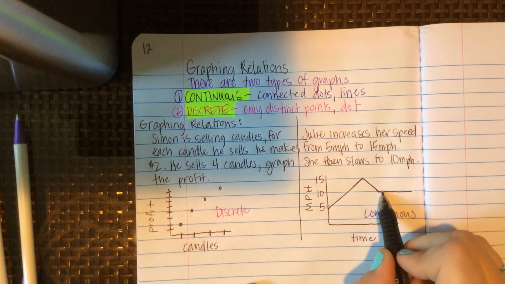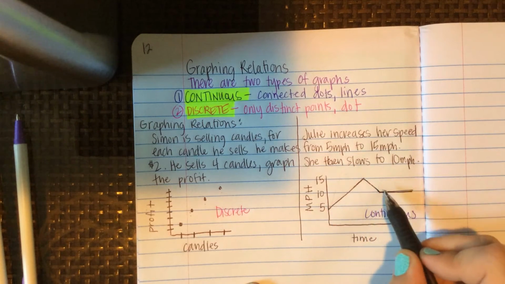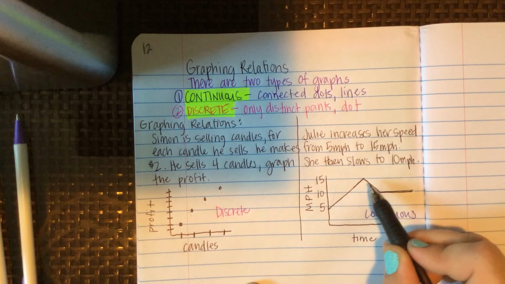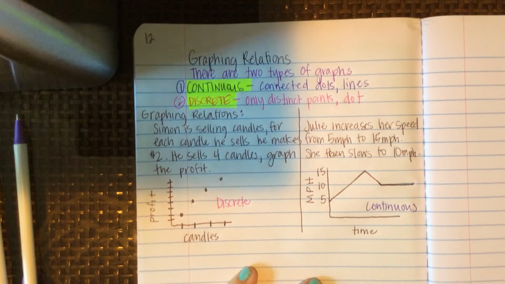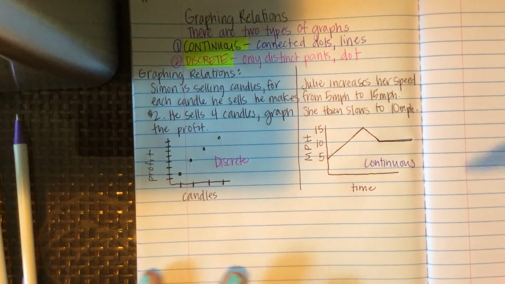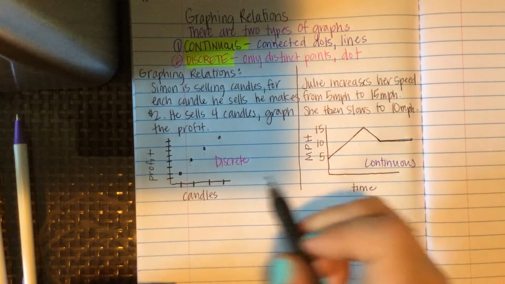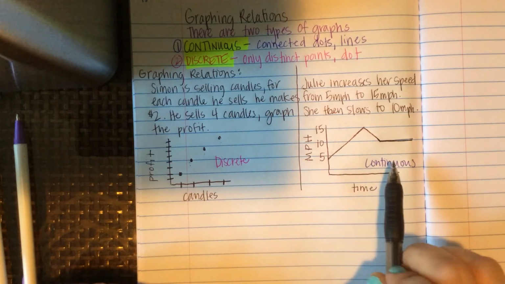And then she stays there over time. This is a continuous graph because she hits all of those data points in between as she goes. So when you're graphing data, you need to be able to decide if it's discrete or continuous.